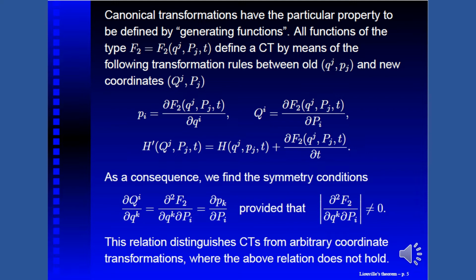As a consequence, we find the metric conditions: partial capital Q_i over partial q_k equals partial squared F2 over partial q_k partial capital P_i, and that equals partial p_k over partial capital P_i, provided that the determinant of partial squared F2 over partial q_k partial capital P_i is not equal to 0. This relation distinguishes the canonical transformation from an arbitrary coordinate transformation, where the above relation does not hold.